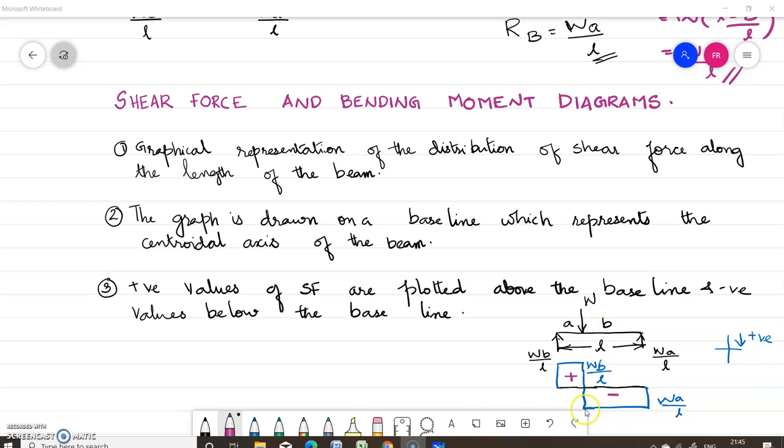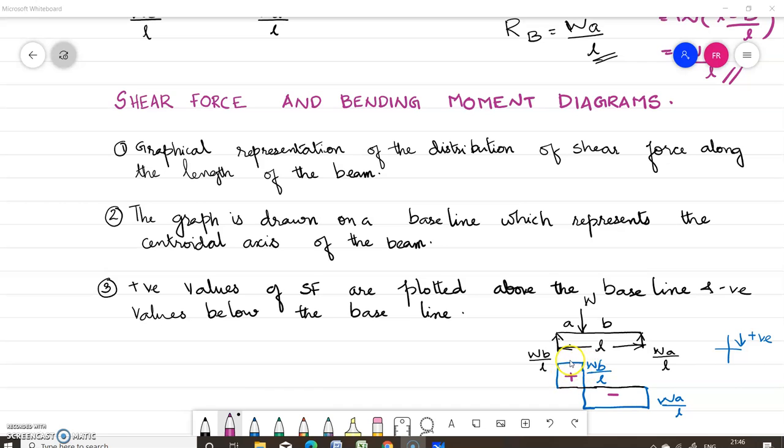So this is constant, and at this point this W is acting downwards. So this Wa by L is negative and this W is positive. So W minus Wa by L, that you will get Wb by L. You are getting it as positive, so you have to draw it above the baseline.